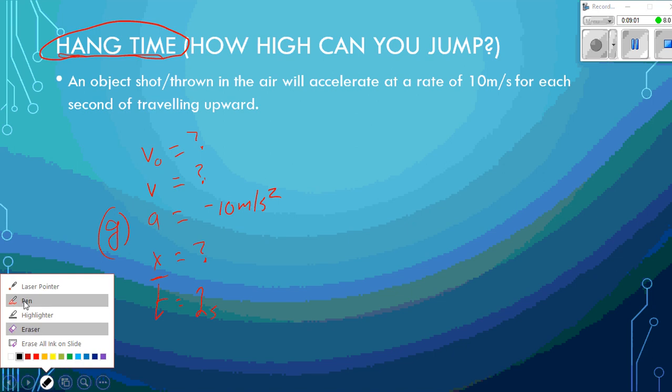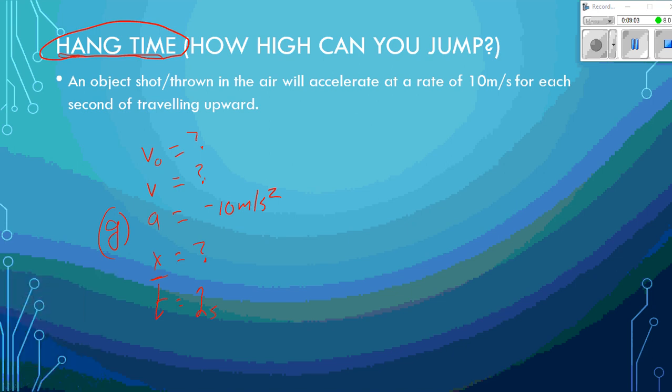Now, because going up and going down is symmetrical, we can use this formula right here for both. For all these hang time ones, you can use it because they start and stop in the same spot. But we have to treat it like we're dropping, because the reason why we can use this formula like that is when you drop something, your initial velocity is 0.